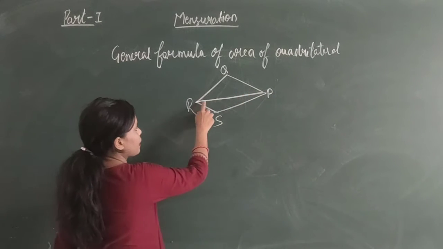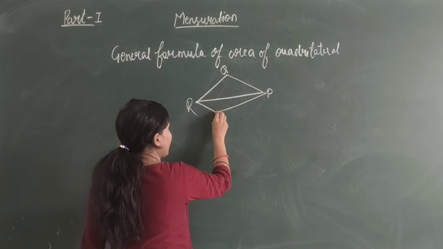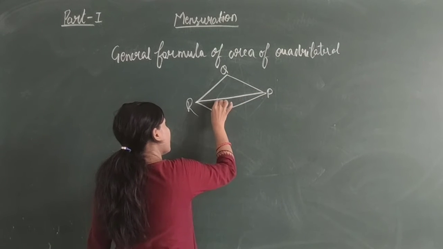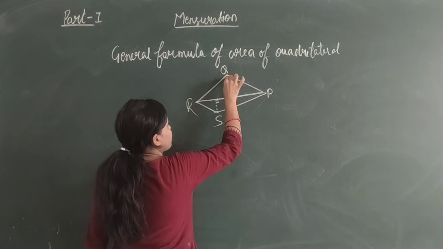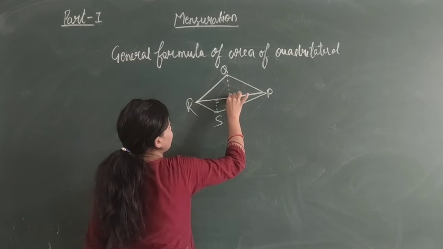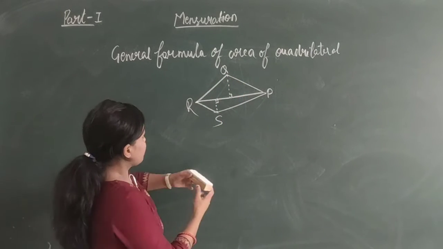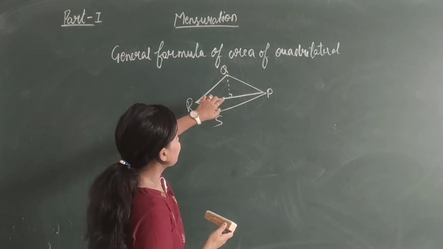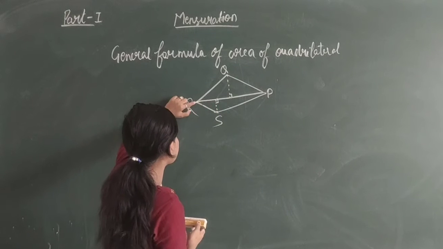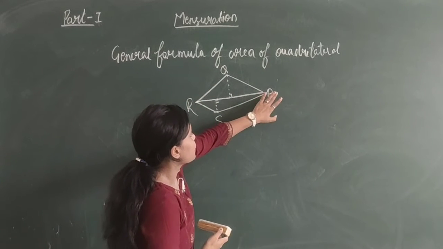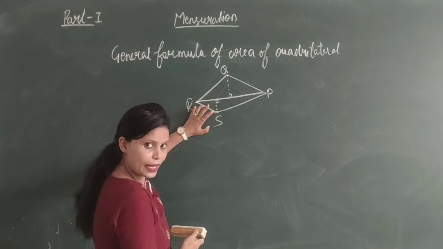So this is the diagonal, and if I draw a perpendicular on it and a perpendicular from here, that will be the height. This diagonal has divided this quadrilateral into two triangles, that is RQP and PSR, right?